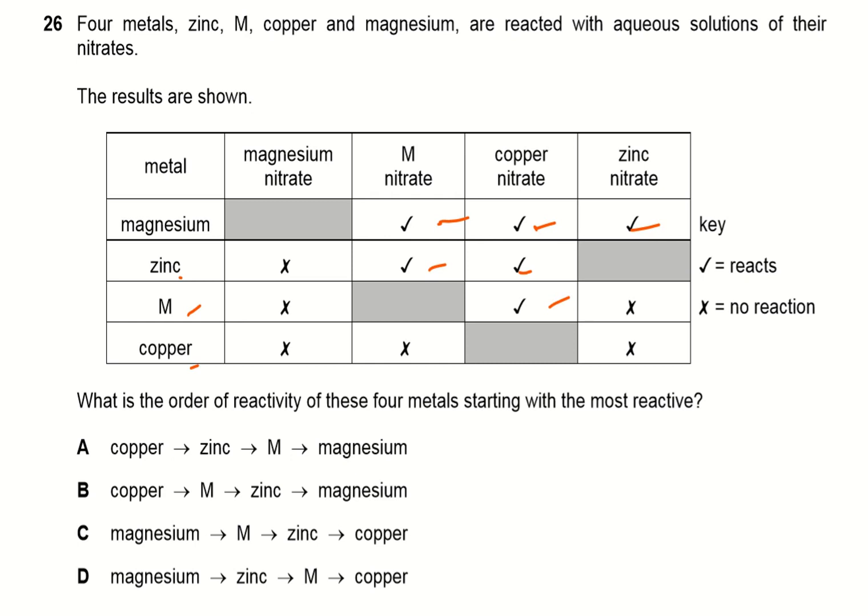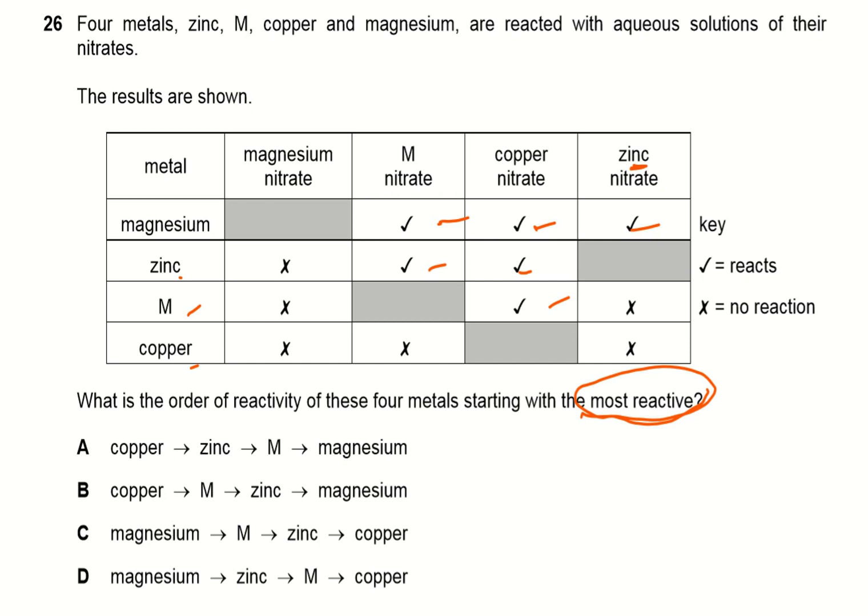So you are supposed to arrange the metals starting with the most reactive. If magnesium can displace metal M from its compound, then magnesium is more reactive than metal M. If magnesium can displace copper from its nitrate, magnesium is more reactive than copper. If magnesium can displace zinc from its nitrate, then magnesium is more reactive than zinc. That means magnesium is the most reactive of all.